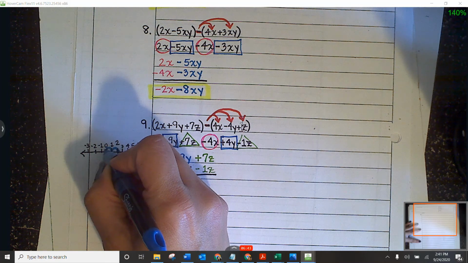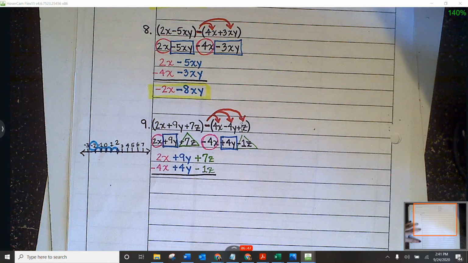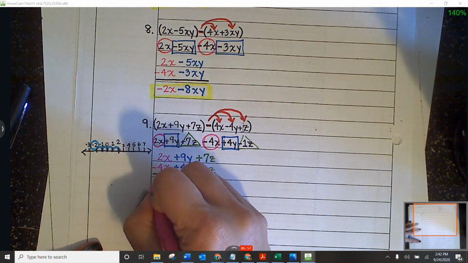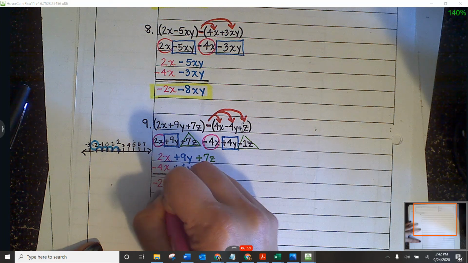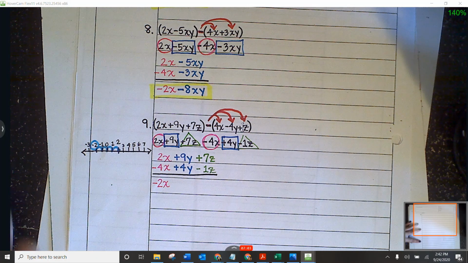So I'm just going to count, subtract 1, 2, 3, and 4. Sweetie, if you have to write out a number line, don't worry. At least you'll always get the right answer. So that's going to be negative 2x. Don't forget the variable.